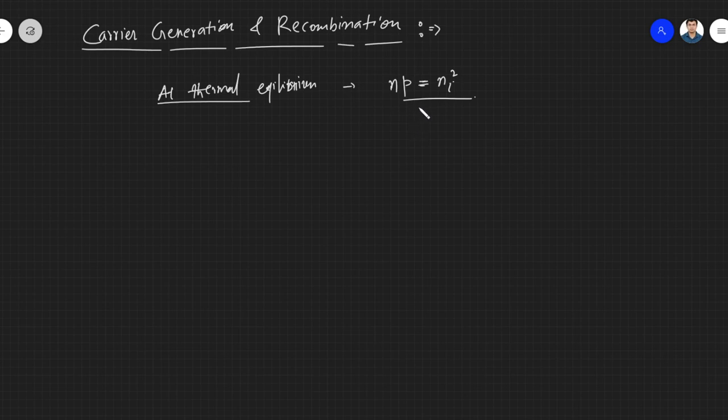right? Let's say a diode: when you are not using the diode, it is just lying on the table, it's in thermal equilibrium. Let's say there is no light falling on it, it's in thermal equilibrium. Now when you start using it, maybe let's say it's a solar cell, a PN junction solar cell.